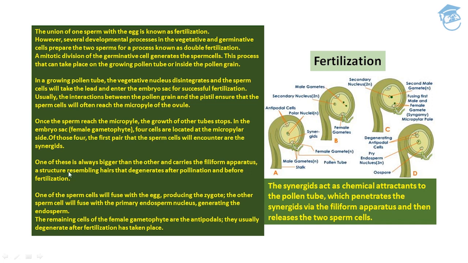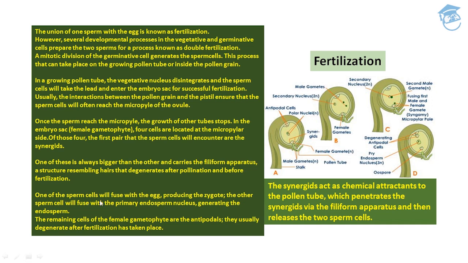One of these is always bigger than the other and it carries the filiform apparatus. Okay, and it is a structure that resembles hair that degenerates just after pollination and before fertilization.